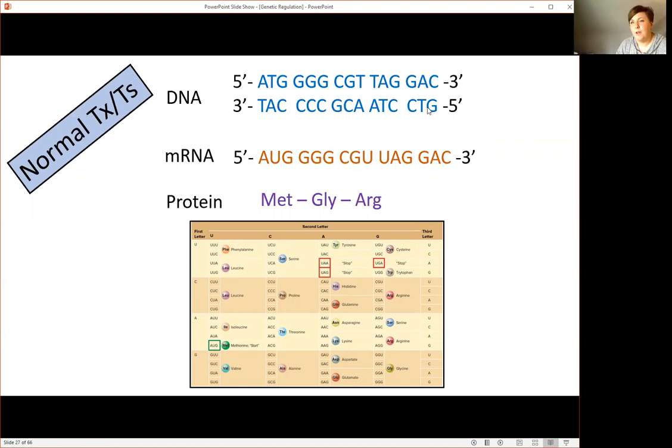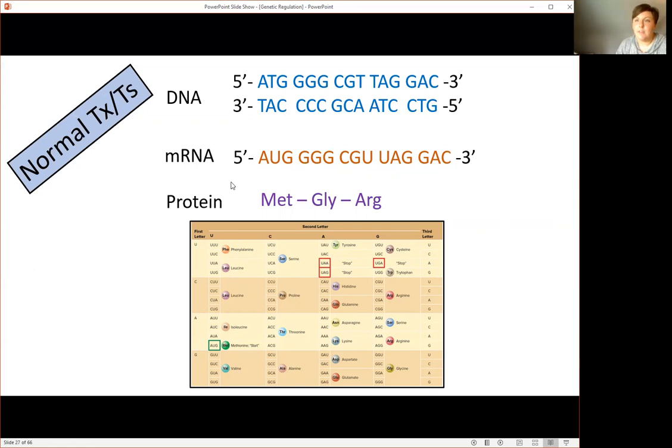The 3' to 5' strand or coding strand of DNA is read into a 5' to 3' strand of mRNA via transcription, which is facilitated by the enzyme RNA polymerase. Since we have a T in the DNA, we have an A in the mRNA. Since we have an A in the DNA, we have a U in the mRNA, etc.